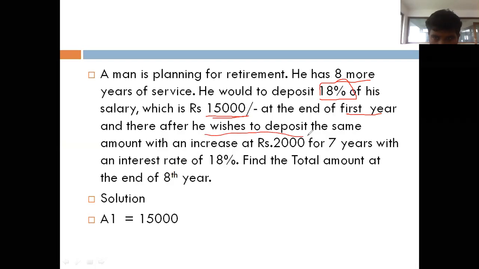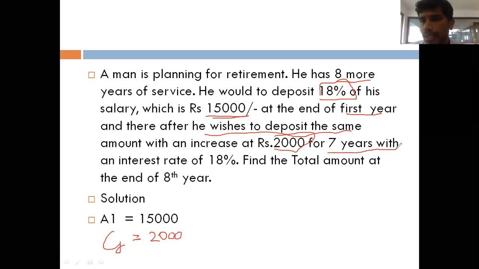Thereafter he wishes to deposit an increased amount, which is the G. G equals 2,000 increment. You have to remember these formulas, just remember the formulas and apply them. Very simple problems. The n is 7 years.